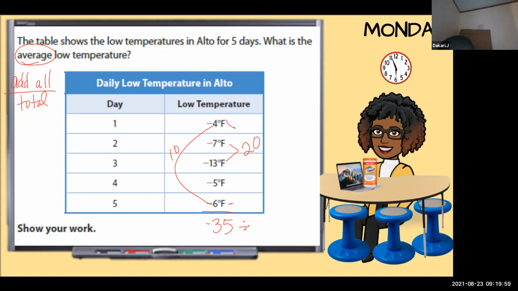How many total numbers do we have? 5. What is 35 divided by 5? 7. Positive or would it be negative? Negative.